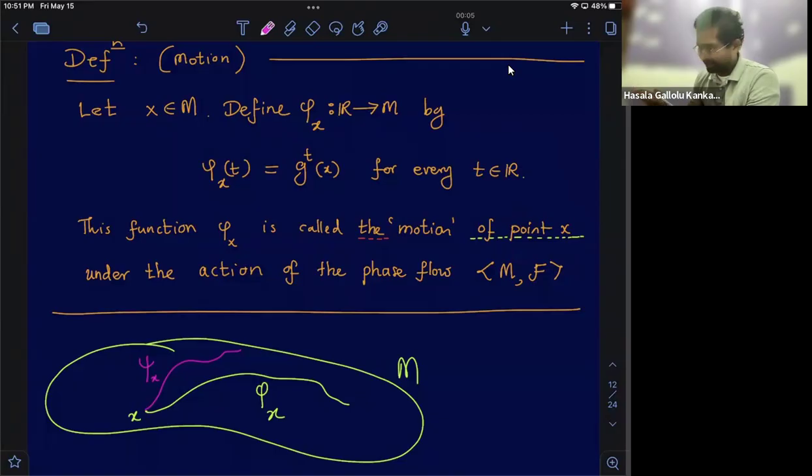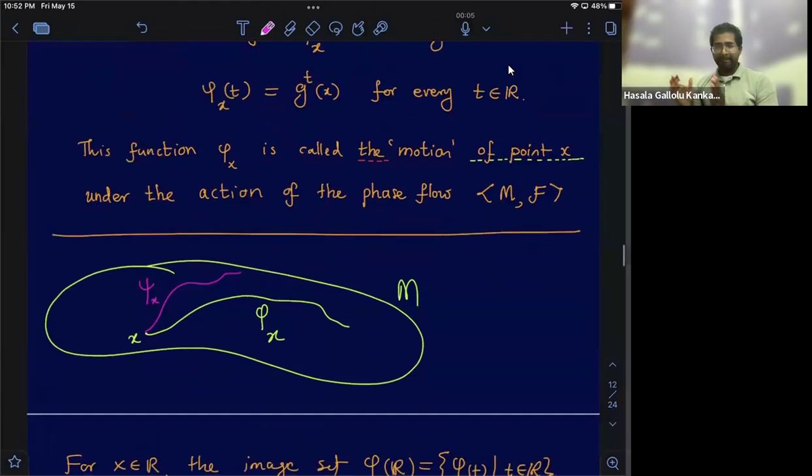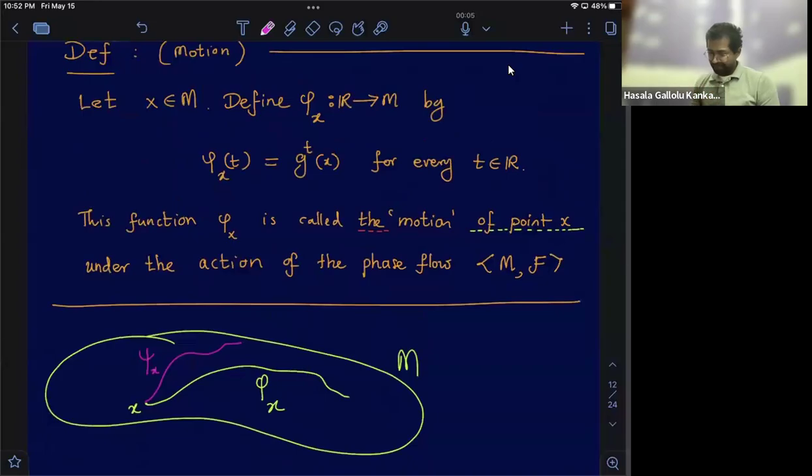It is somewhere, and through that there is some kind of a path, right? So that is what we can see. And then, all of this is happening under the action of the phase flow of M. M simply means where it's happening. F is simply how it's happening, the flow, right? So this is exactly the story.